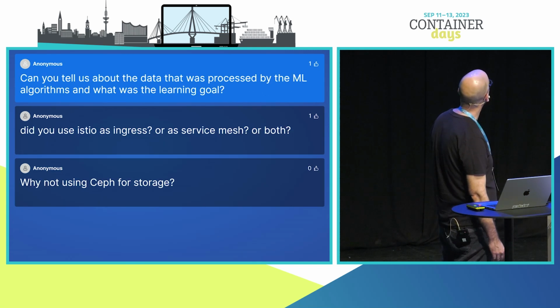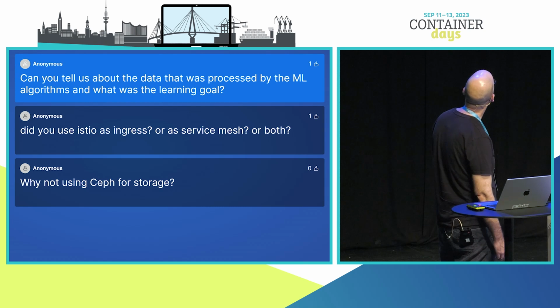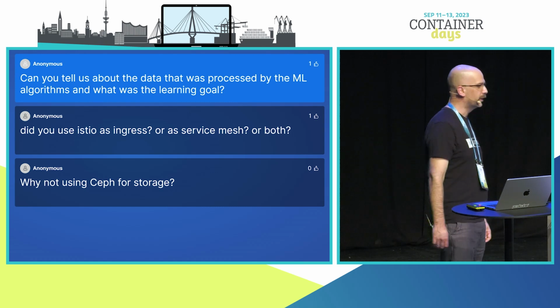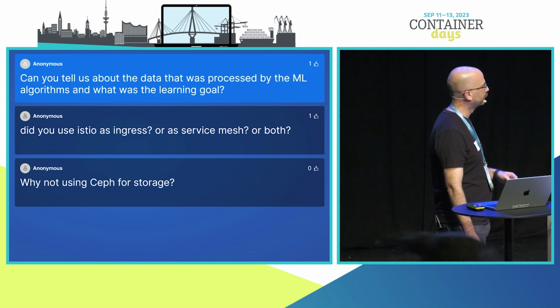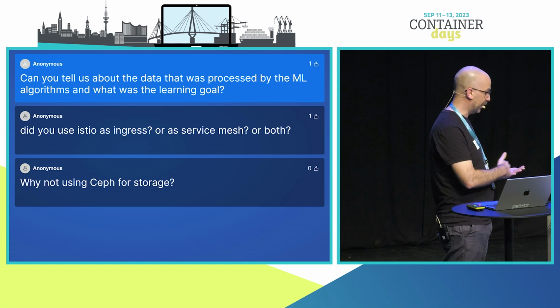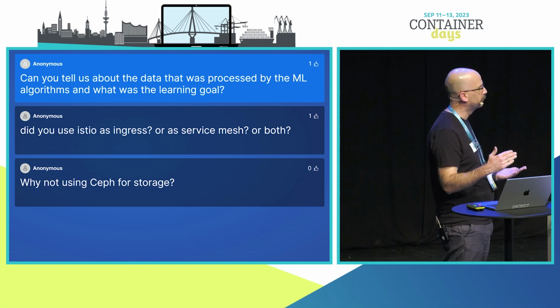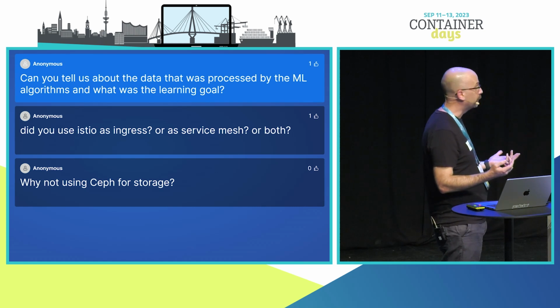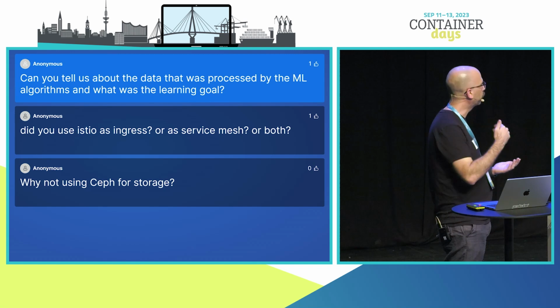Can you tell us about the data that was processed by the ML algorithms and what was the learning goal? Right. I don't know what you can and cannot say. So it's sensor data, time series, and we are mostly looking for anomalies.